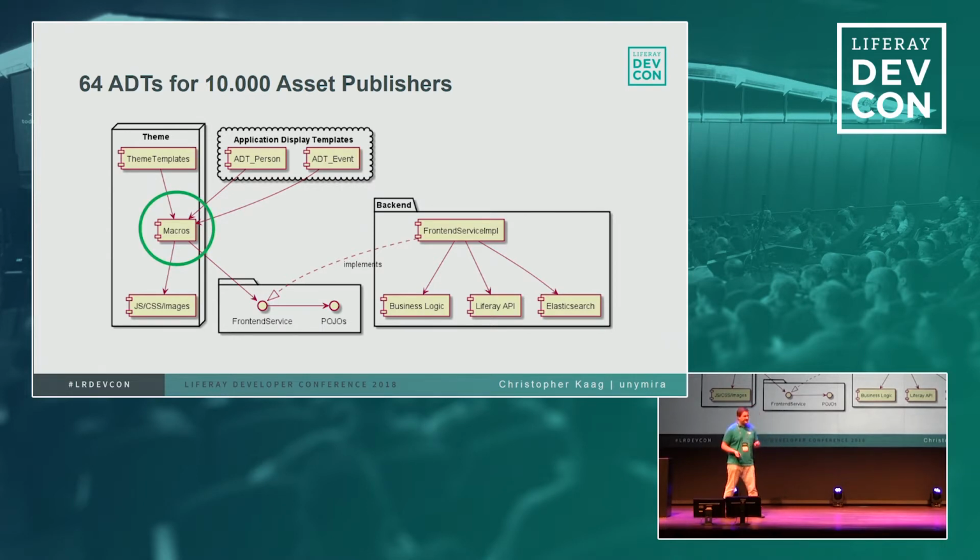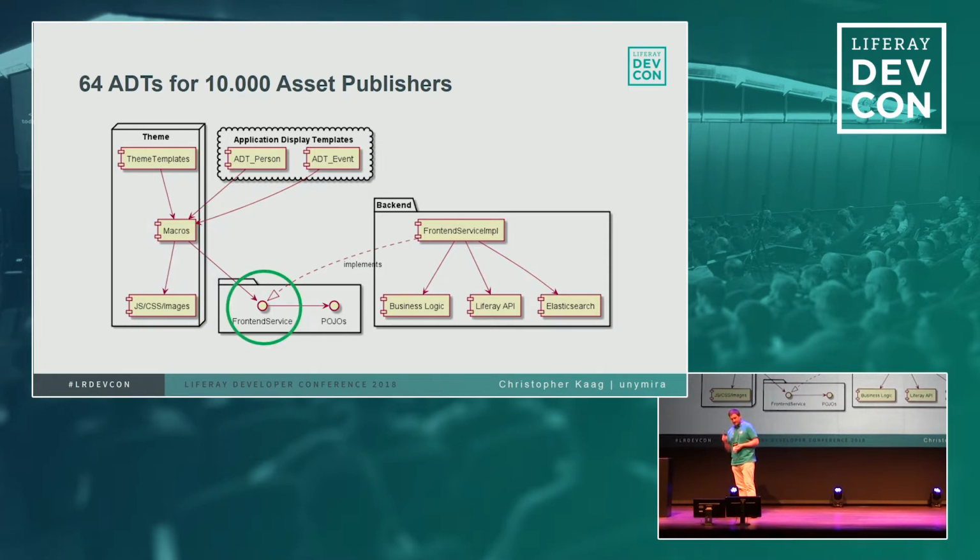So we decided to put the main logic of all those ADTs into FreeMarker function calls and macro calls that are stored in the theme, because we only have one theme. The theme is always available if it's visible. So it will compute those macros and make them available, and every ADT can call them, because in the end, those ADTs are just called as sub-functions to the theme if you look at Liferay's rendering.